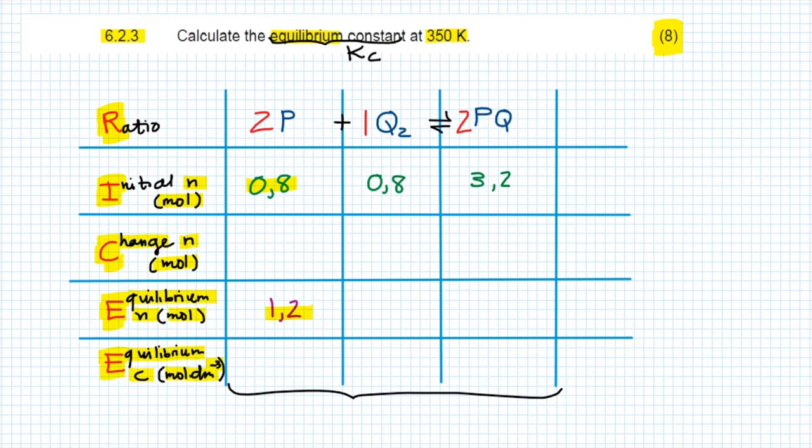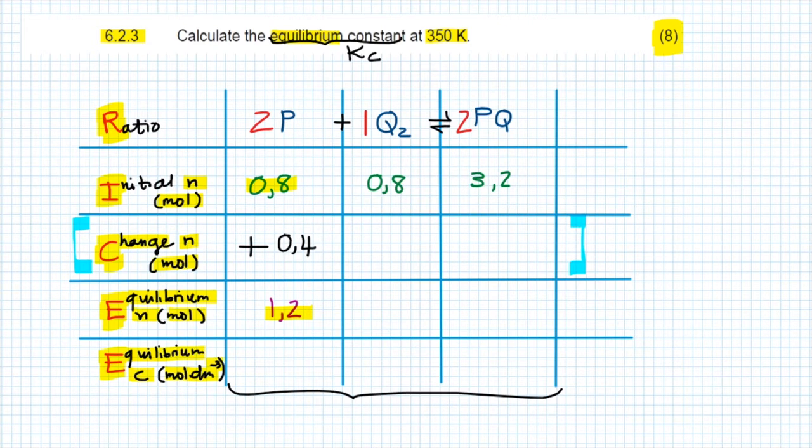We start off with 0,8 and end up with 1,2. In order to go from 0,8 to 1,2, we know that particles had to be added. So we say 1,2 minus 0,8 is going to give us 0,4. In other words, 0,8 plus 0,4 gives us 1,2. Now we know that we are allowed to use stoichiometry for this section, the change in the number of mole.